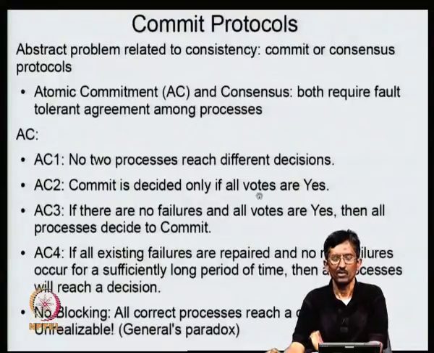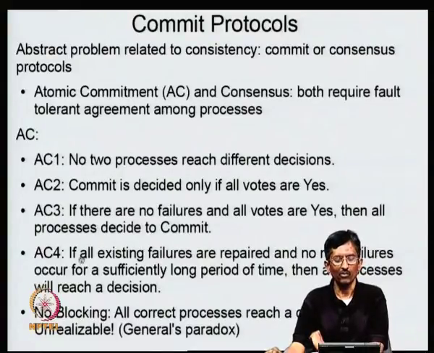This is one you might call an axiom. Notice that I am not saying commit is decided if and only if all votes are yes. The reverse direction is not interesting or useful. If there are no failures and all votes are yes, then all processes decide to commit.